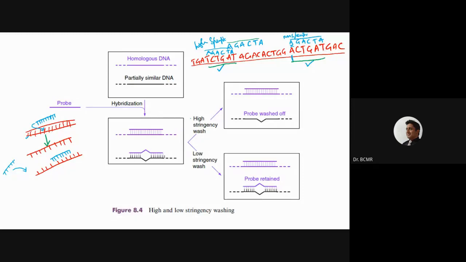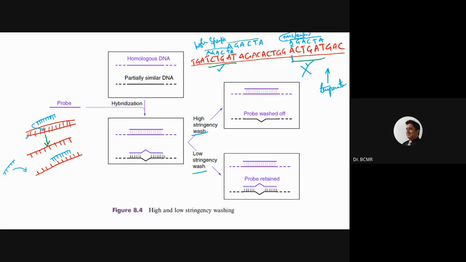So what one should do in that case is we should be able to wash with high stringency. Say, for example, I am going to increase the temperature. If I'm going to increase the temperature, which one is going to fall off first? If I'm gradually increasing temperature, the non-specific bound ones are usually the ones that fall off first.